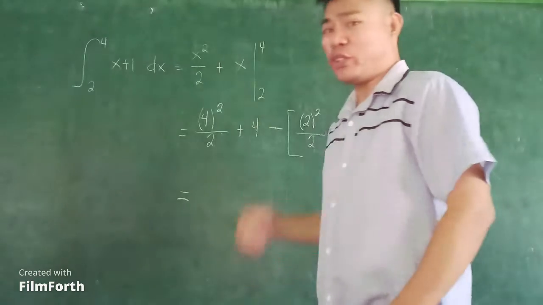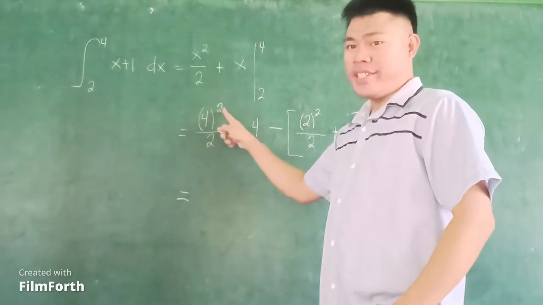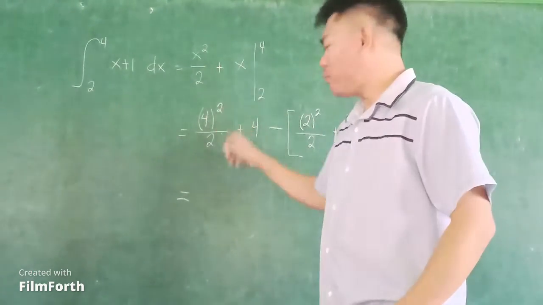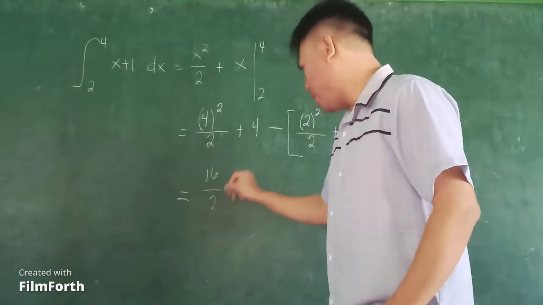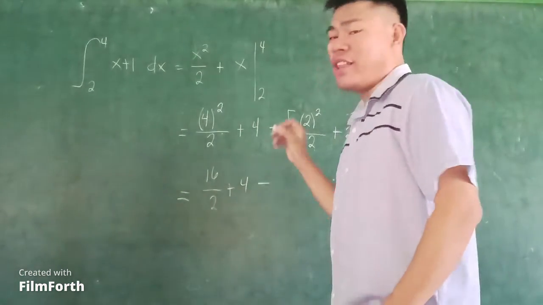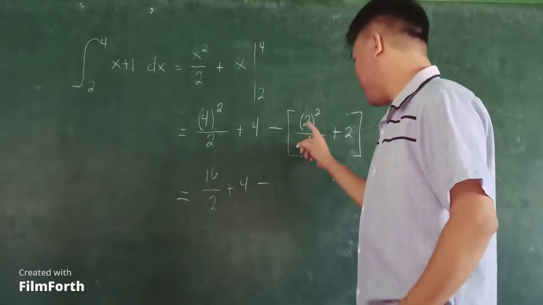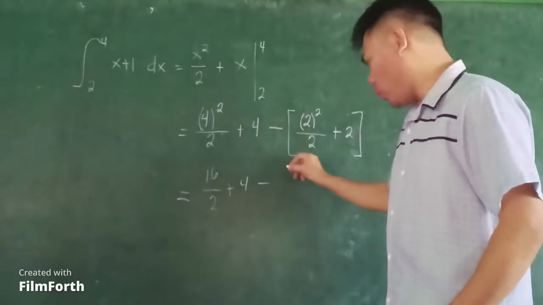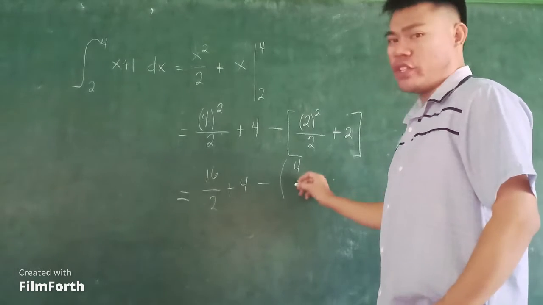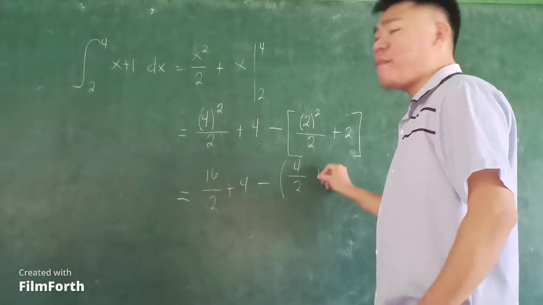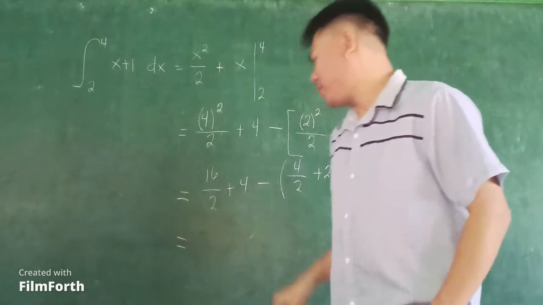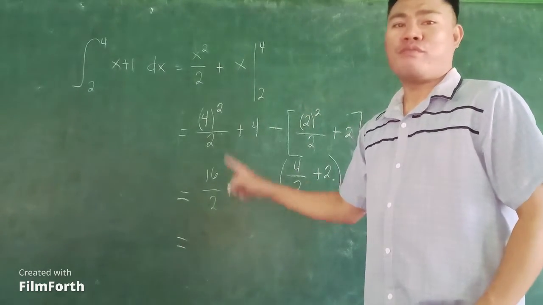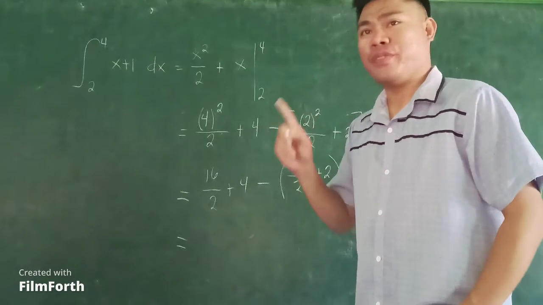Next, we're going to operate. 4 squared, or 4 raised to 2, is 16, over 2 plus 4. Then minus 2 squared is 4, then over 2 plus 2. Next, 16 over 2, or 16 divided by 2, is 8.